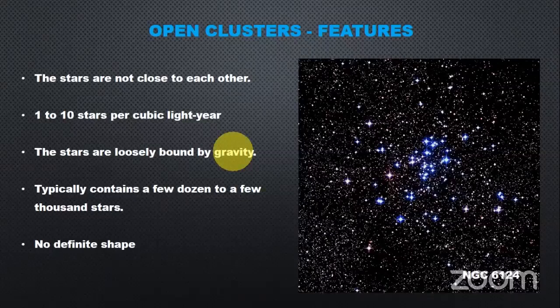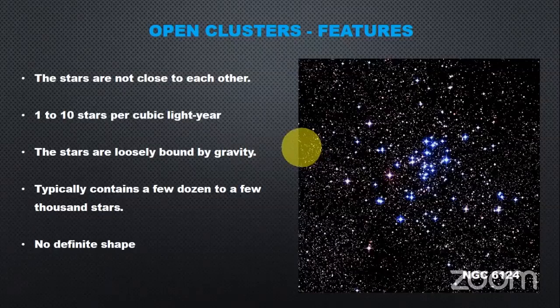Now imagine 1 light year in length, height, and breadth. That is just a volume. Imagine that in a cubic light year, you fit in about 10 stars. That is a lot of stars in that given volume. That is exactly what we mean by that. We are comparing it with that of the globular clusters.